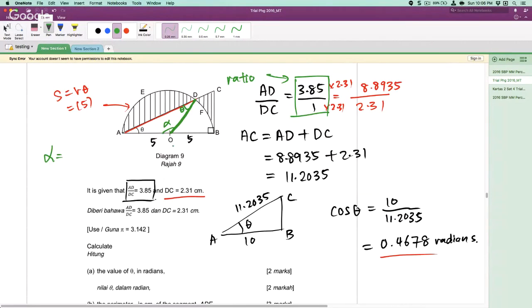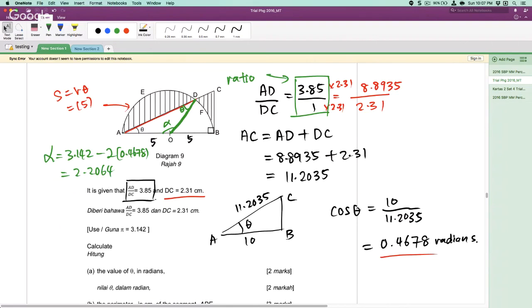Alpha equals pi, which is 3.142, minus both of these angles we just got, which is 0.4678. So I guess we get 2.2064, if I don't remember wrongly: 3.142 minus 2 multiplied by 0.4678.